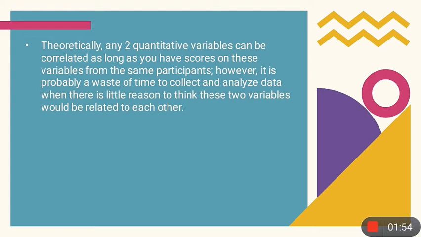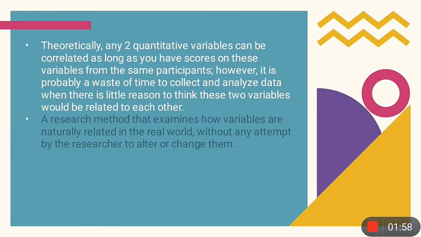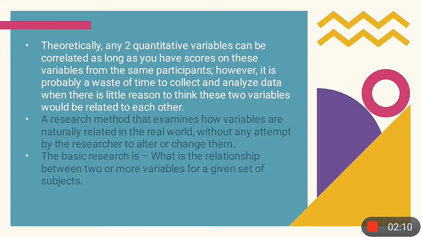It is a research method that examines how variables are naturally related in the real world without any attempt by the researcher to alter or change them. The basic research question is: what is the relationship between two or more variables for a given set of subjects?